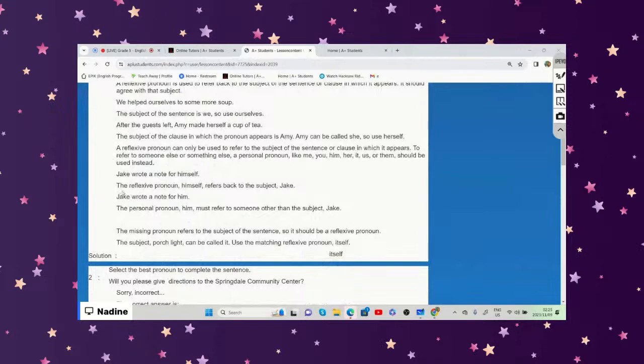All right, if we look at an example, it says, Jake wrote a note for himself. So if we identify our subject, then we will say our subject is Jake. Let me put it here in brackets: subject is Jake.